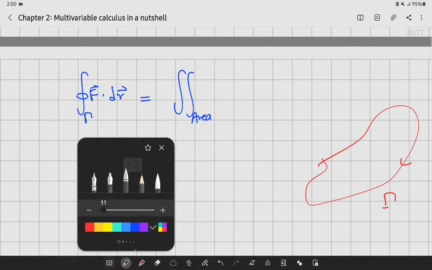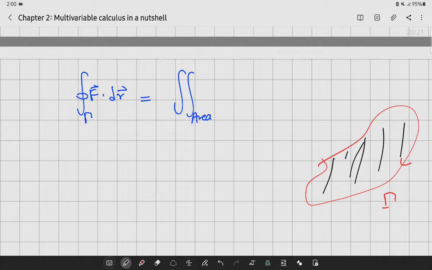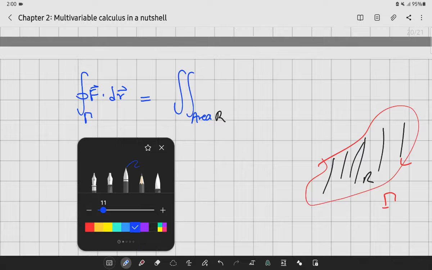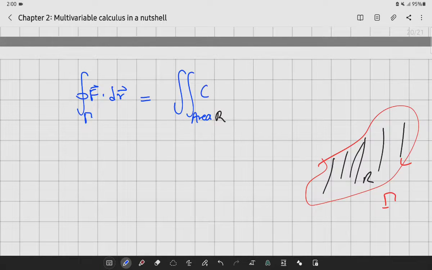And you have the area enclosed by this, say R. So the area R. So the theorem tells us that if you take the curl of F and take a dot product with the area element, one thing that I want you to notice here is that this is the normal vector.